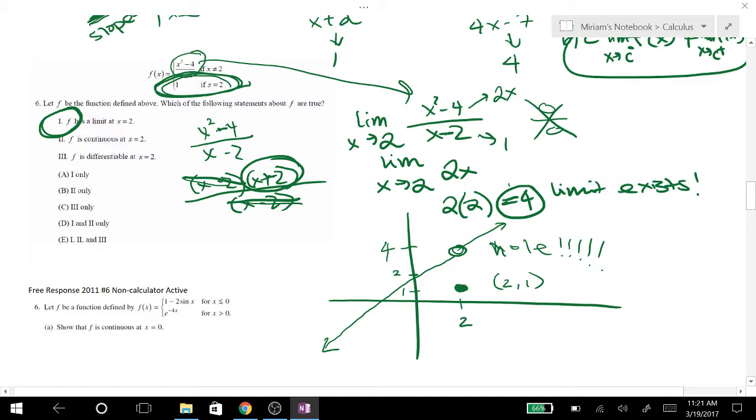If this little dot here was inside the hole, then it would be continuous. But it's outside, right? So f is not continuous. And if I'm not continuous, I am not differentiable. You can look at our notes above to check that. Great. So my answer is A.